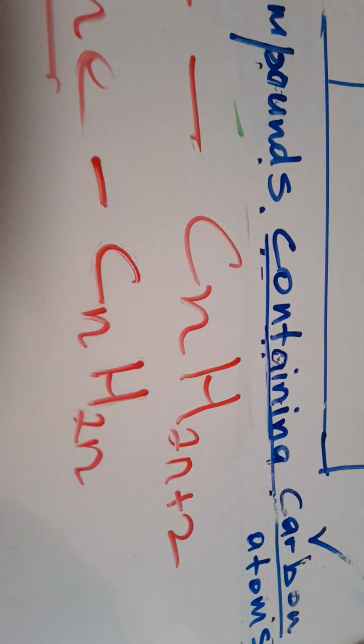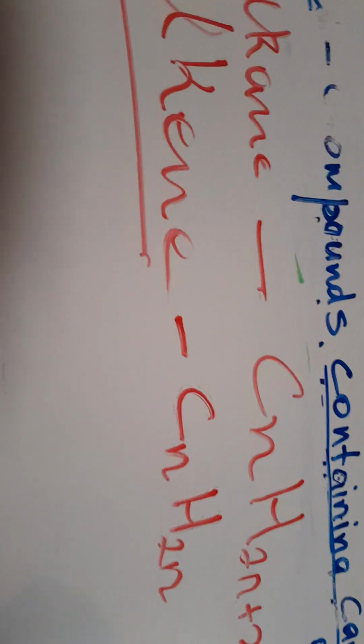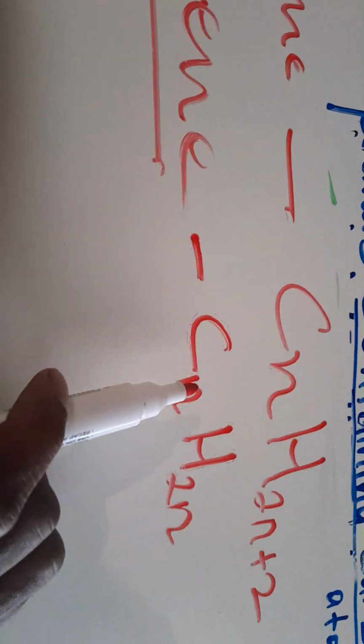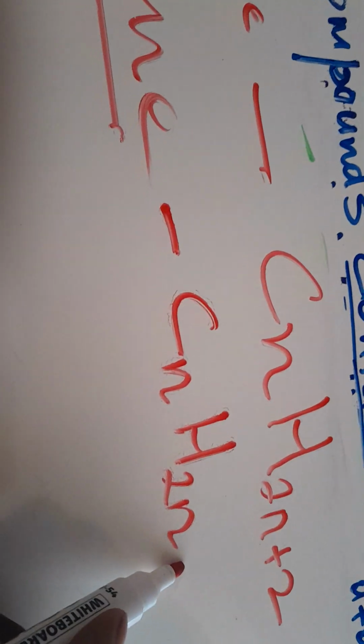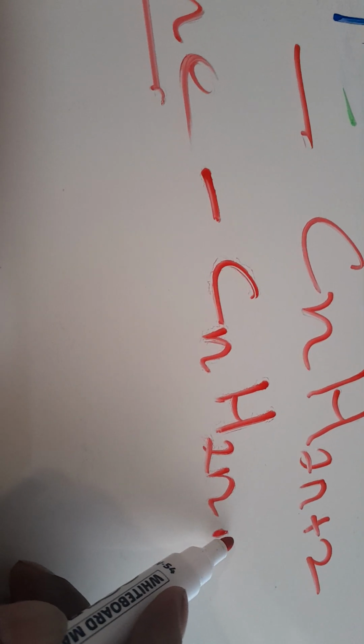Because if the hydrocarbon is saturated, if it's an alkane, it becomes CnH2n+2. Now, the alkene is such that for the same number of carbons, you have 2 less hydrogens. Hence, you have 2n. So if you have 2n+2 and you remove 2, you are left with 2n.